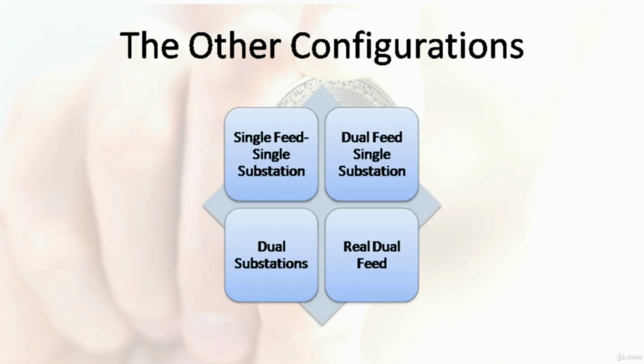Although I have given my recommendation on the configuration to be used, let's still go over the other ones that you may want to consider. Keep in mind that these are much costlier solutions but offer a more stable supply of power from the utility. So let us go over the last three configurations. The second one is the dual feed single substation. This differs from the previous configuration by adding one additional feed from a single substation, where the feeder is chosen using a throw-over switch.